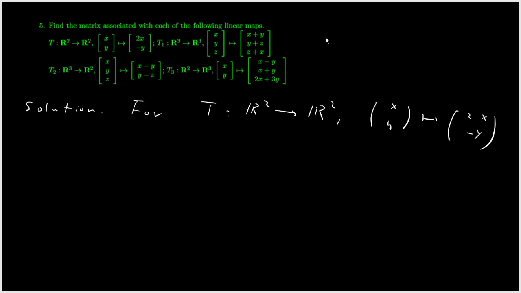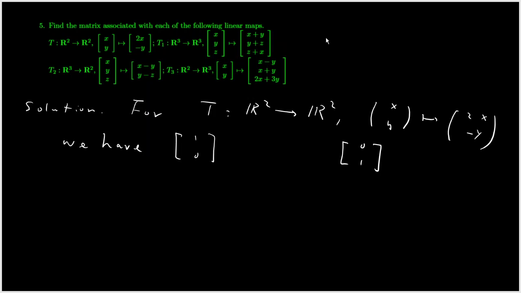For T, in any case, we want to get the output for i and j first. i is the vector with two components, 1, 0, the standard basis vectors, and j is the vector with two components, 0, 1. I did nothing but list the two standard basis vectors.